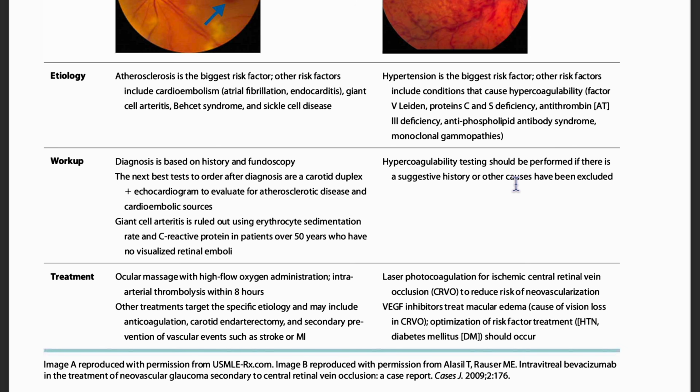Treatment here is ocular massage with high flow oxygen administration, intra-arterial thrombolysis within 8 hours.